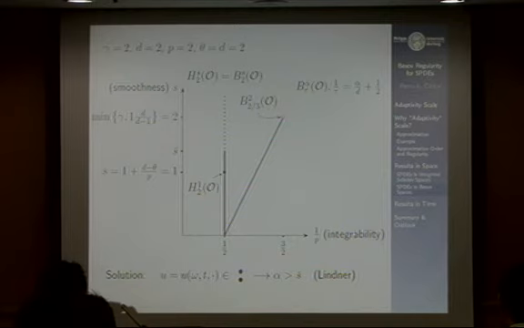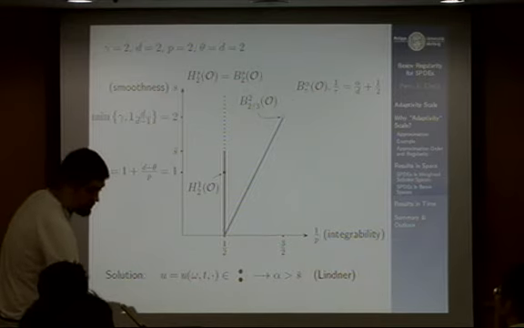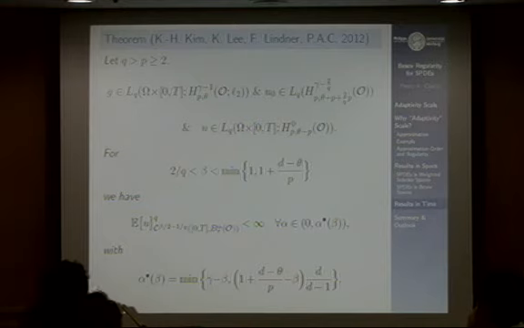Now, as I said, we know that our solution takes values in these Besov spaces, and we would like to see how the path of the process behaves if we look at it as a process taking values in these spaces. Here I don't have that much time left, so just the result.